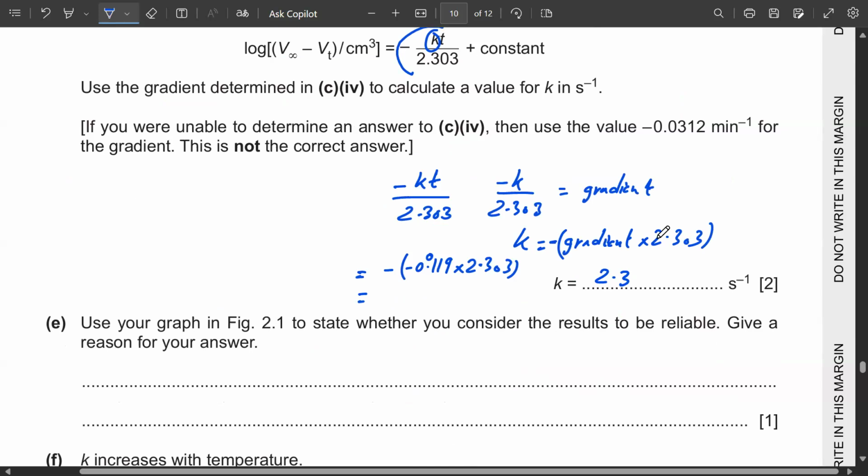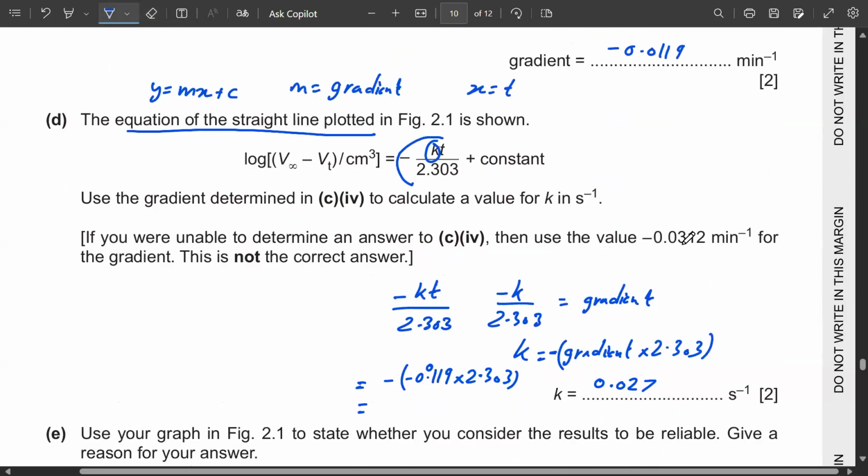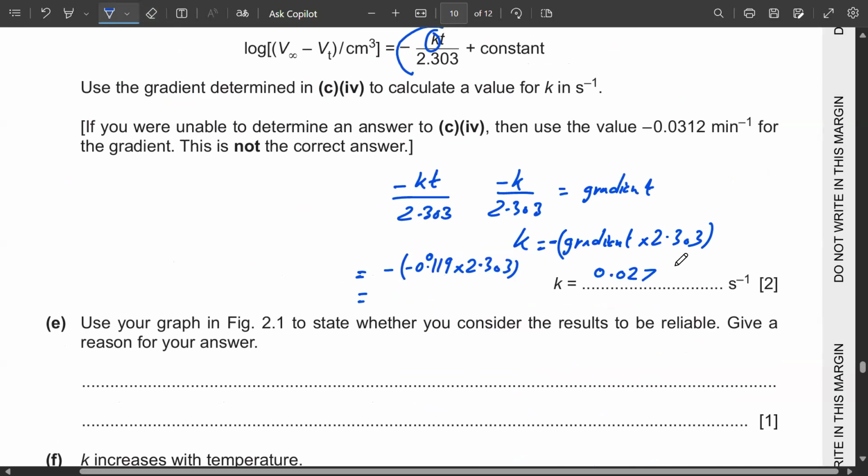Okay, fine, good. 0.027. And what should be the number of significant figures? From here we can see they are using three significant figures. So 0.0274 up to three significant figures.